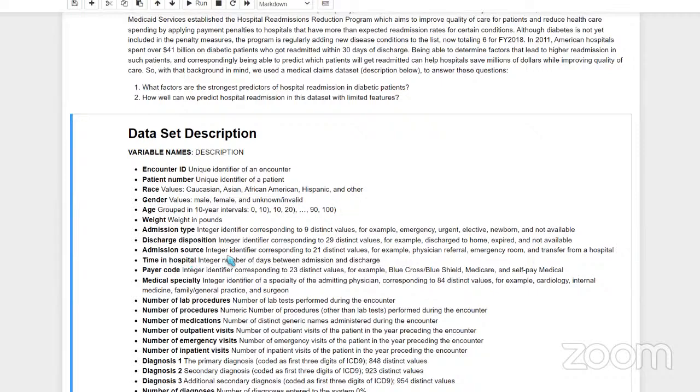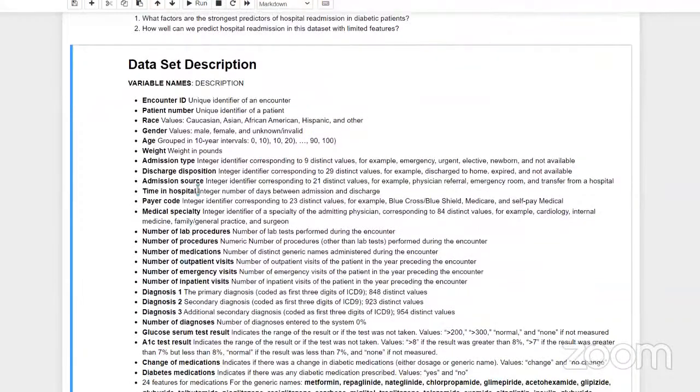Time in hospital is the number of days between admission and discharge. Then we have payer code, which is also encoded using an integer identifier.